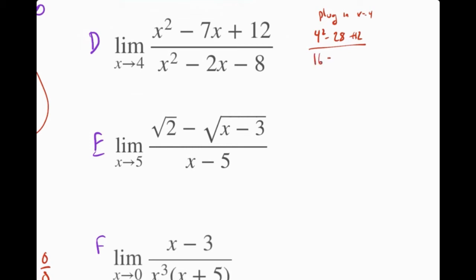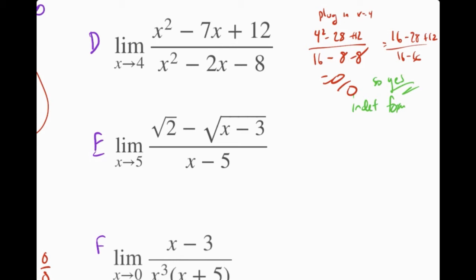I'll put in 16 minus 8 minus 8. Uh-oh, things are looking bad. Well, and I say bad, it's not bad. Things are looking 0. Yep. 0 over 0. 0 over 0. So yes, indeterminate form.